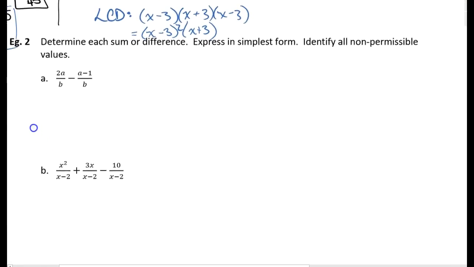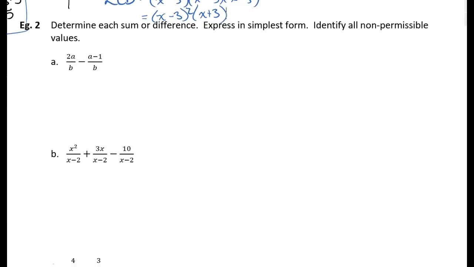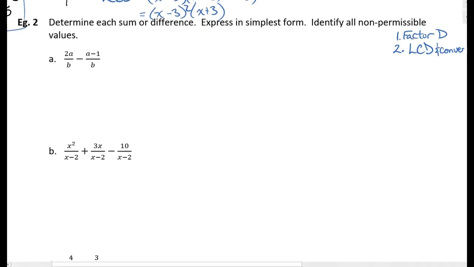When we look at example 2, we are going to actually complete these questions. Step 1 is factor, if possible or if needed. Then we're going to look for the lowest common denominator and convert.